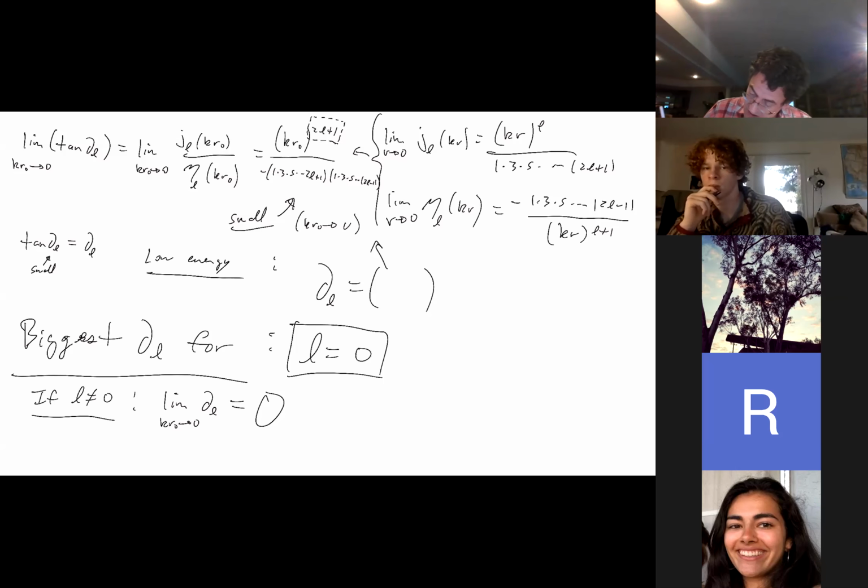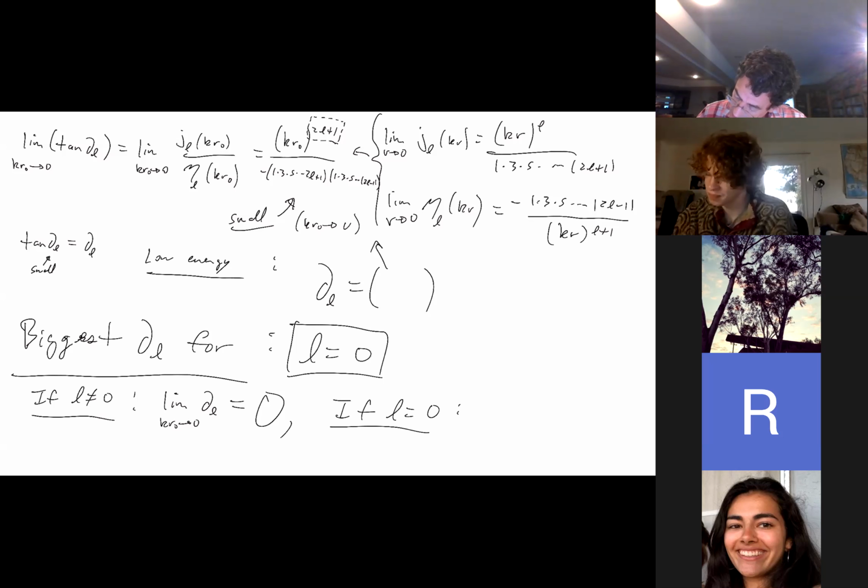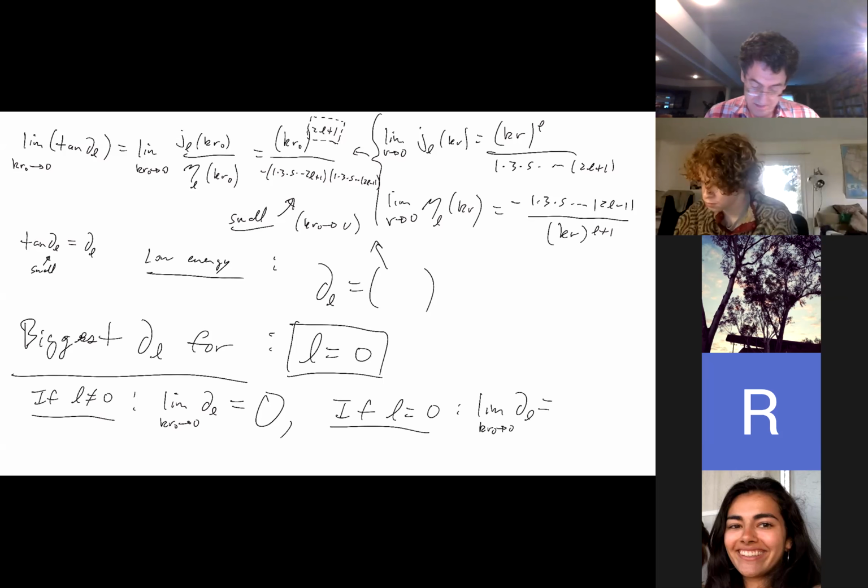But on the other hand, if L equals 0, then the limit as kr naught goes to 0 of delta L equals what? Can you see it? -1. That's right, but it's not exactly -1.